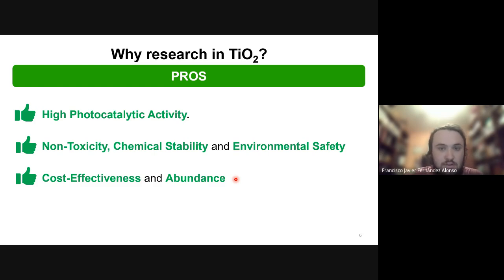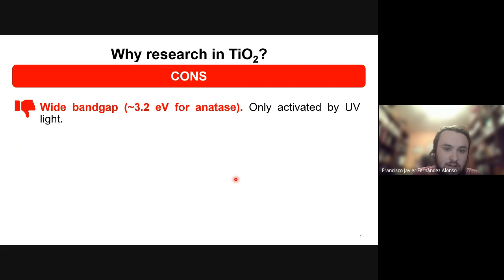However, it also has some disadvantages. The main one is that it has a very wide band gap, about 3.2 electron volts for anatase. And this makes titanium oxide only suitable for photocatalytic applications under ultraviolet illumination. And ultraviolet light only represents about 5% of the solar spectrum. So this is quite far from optimum.